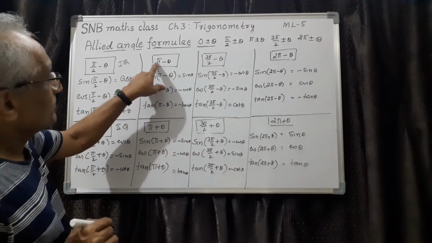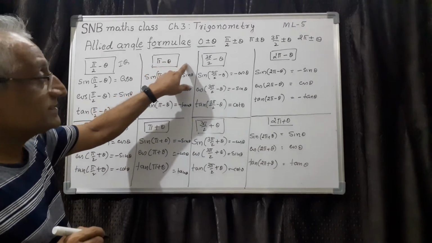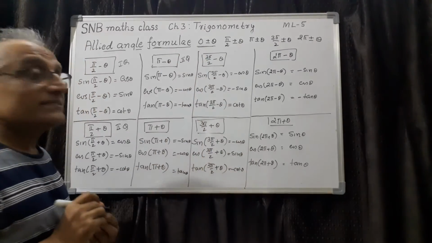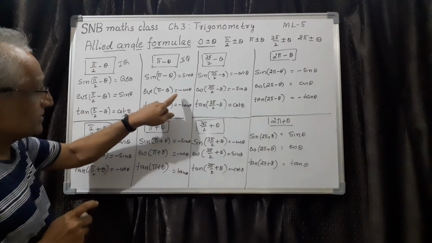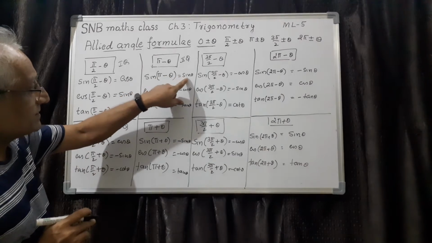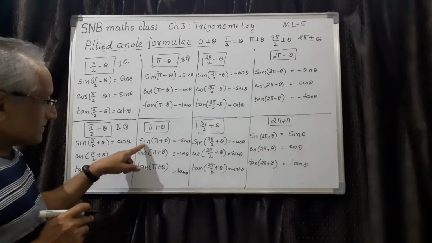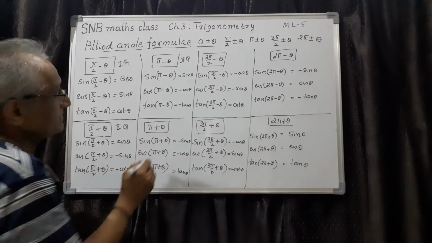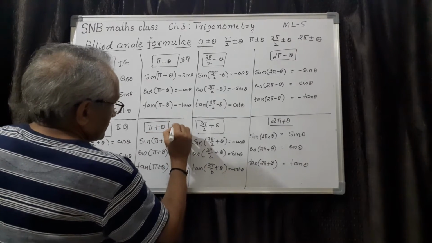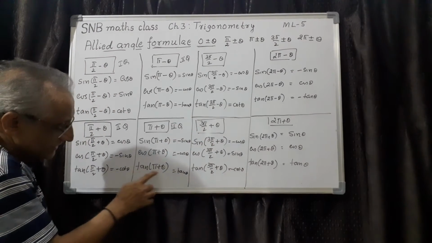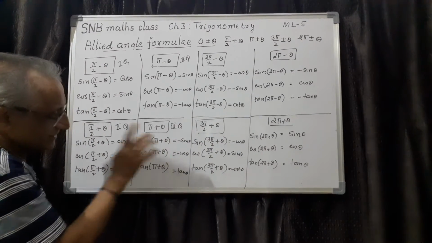Same thing here. Pi minus theta means it is the second quadrant. So decide this sign. Here the sign of this is positive, these two are negative. Then pi plus theta means this is the third quadrant. In the third quadrant, only tan is positive, the remaining two are negative.